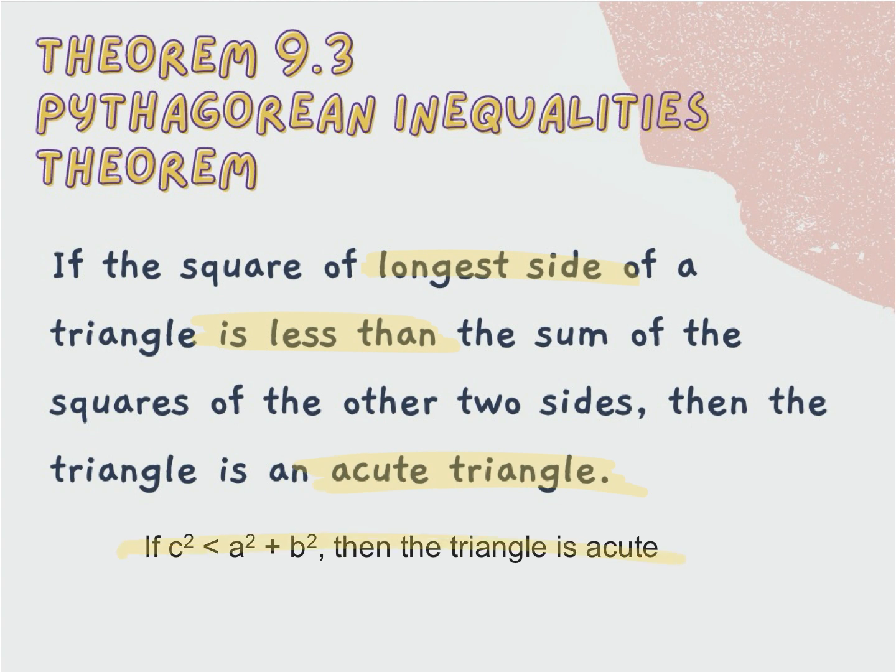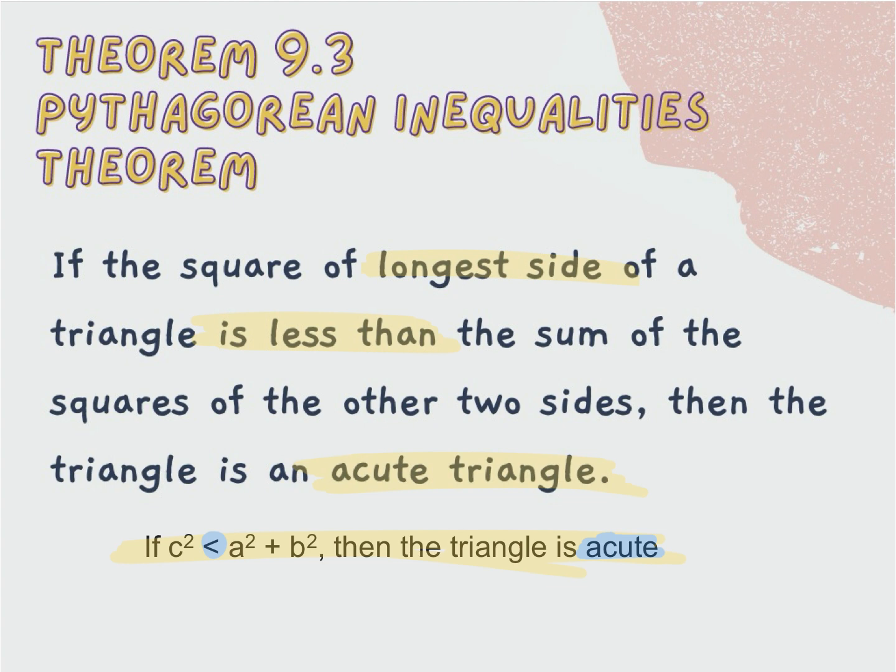Look at how the formula rule is written. Your c squared is going to go first, and it will definitely help if you put the c squared first. In the examples we solve in the next couple of slides, I'm going to put my c squared first because it's a lot easier to see rather than switching it. I'm going to figure out c squared first, and then add the rest.